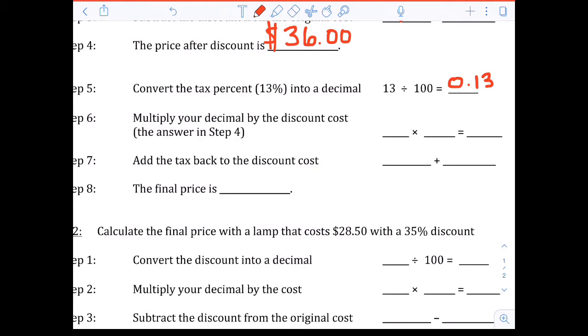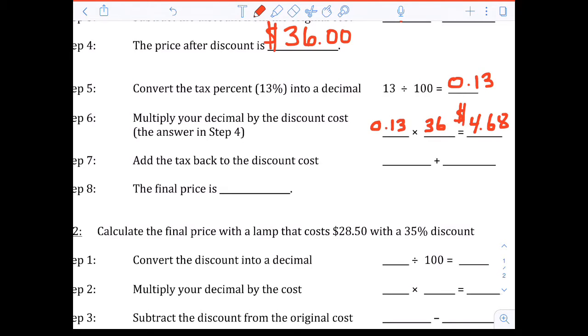Multiply your decimal, that's the 13% in Ontario, by the new sale price, that $36. I'm going to multiply 13% of $36, because we're going to pay 13% of tax only on $36, not on the $45 price, which is $4.68. That's the tax that we owe on our t-shirt that we're buying.